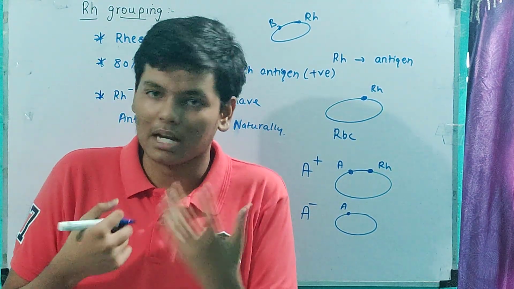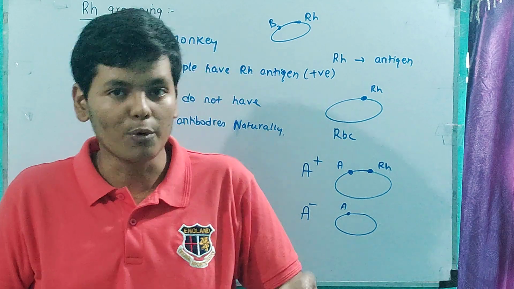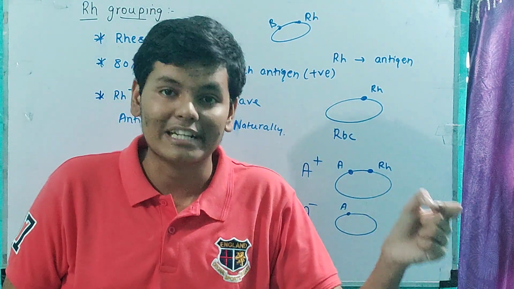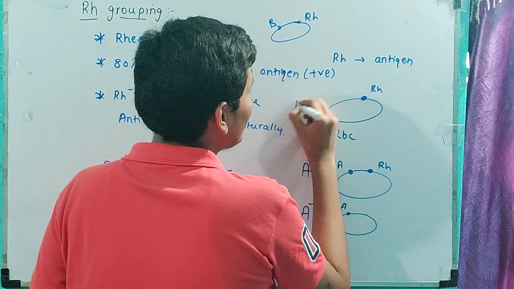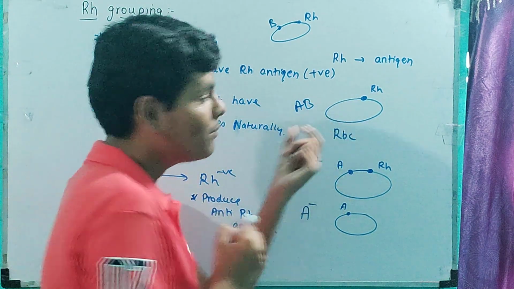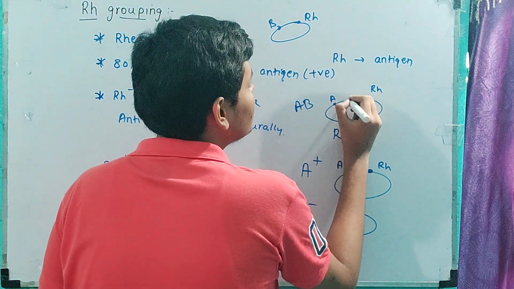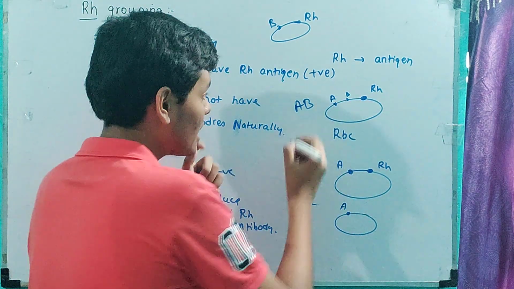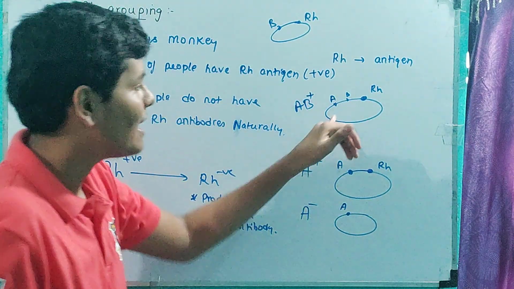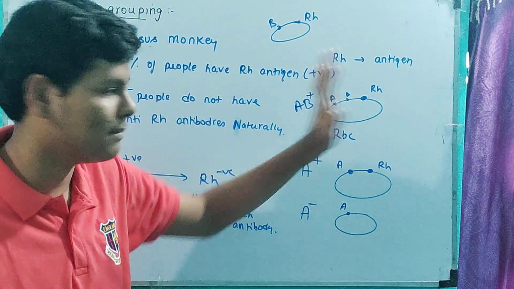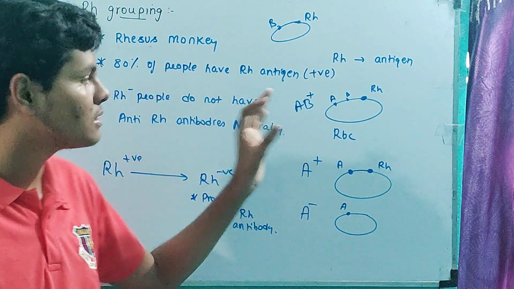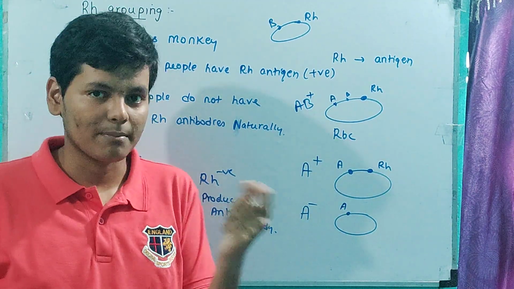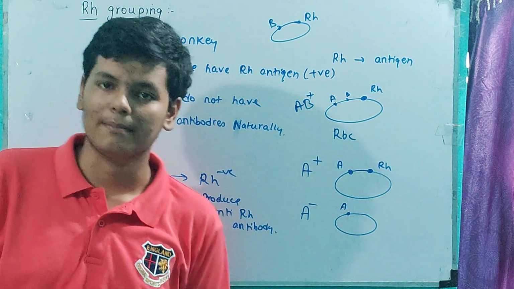Now there are many questions about which blood group has the maximum amount of antigens. The maximum amount of antigen is present in the AB blood group. AB blood group will have antigen A, antigen B and also RH, that is AB positive. This is the maximum number of antigens that can be present in an individual.